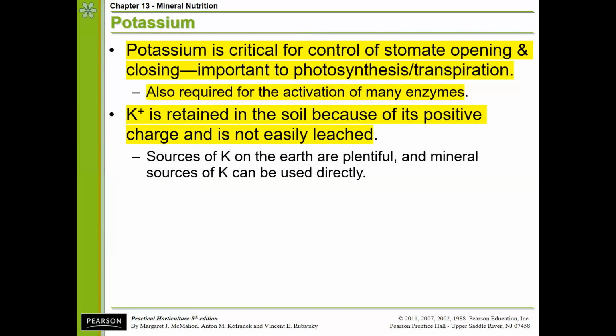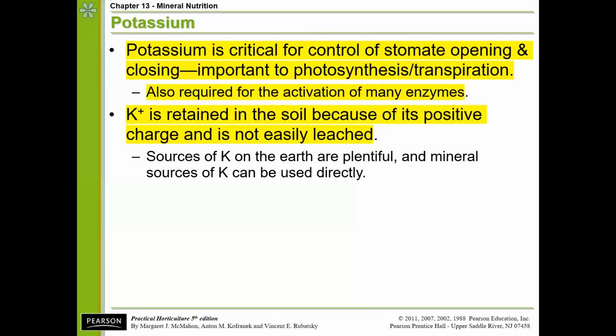Potassium is often retained in the soil because of its positive charge, so it's not easily leached. It's not incredibly mobile within plants either. Sources of potassium on the earth are actually quite plentiful and often in mineral sources. Usually potassium is not devoid in a new soil.